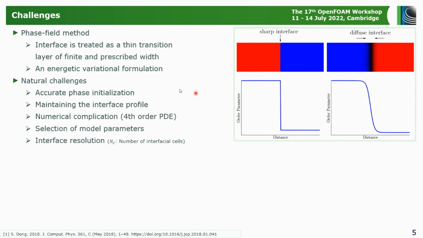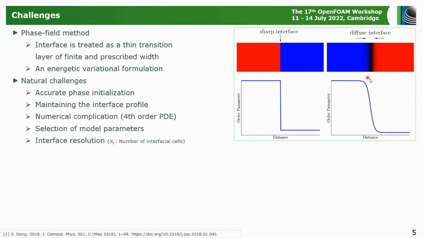And what are the challenges? Well, we have to initialize this tangent hyperbolic profile, so we have to have a proper initialization of the fields. Not only that, we have to maintain this profile during the course of the simulation. We are dealing with a fourth order PDE, which brings numerical complications.